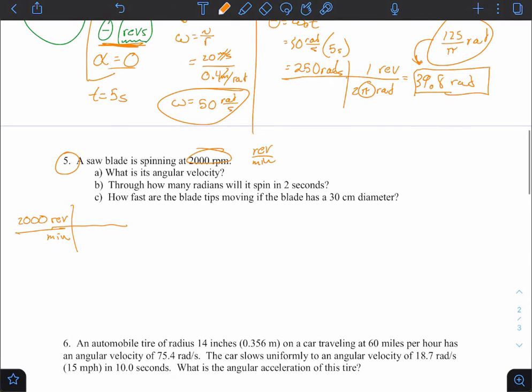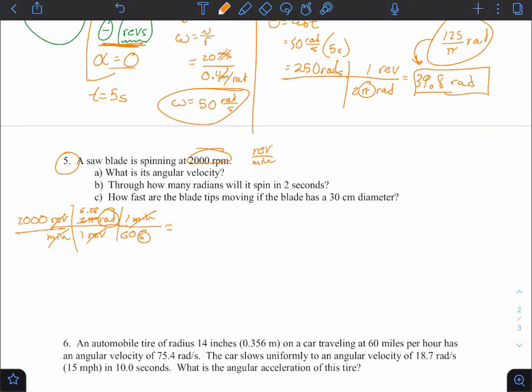But I'm just going to crank through it. 1 rev is equal to 2 pi radians, and I'm actually just going to put in 6.28. And 1 minute is equal to 60 seconds. And that'll leave us with radians per second because rev will cancel and min will cancel.